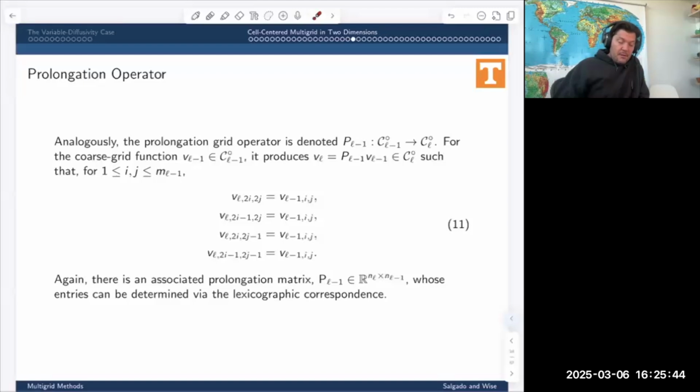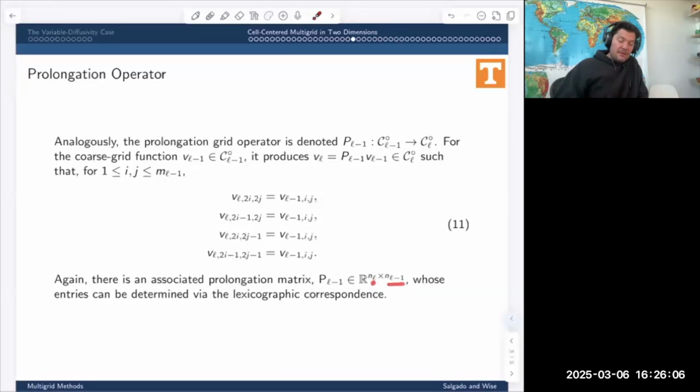So the prolongation matrix, if I wanted to think about it as a matrix, would take a fine grid. Well, it doesn't exactly work that way. It takes a coarse grid vector and maps it to a fine grid vector. So that means that the P matrix has to be tall and thin because it has more rows than it has columns.